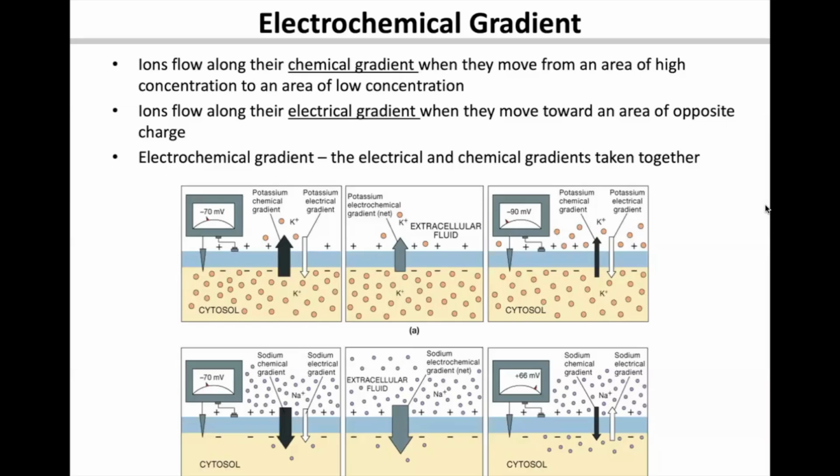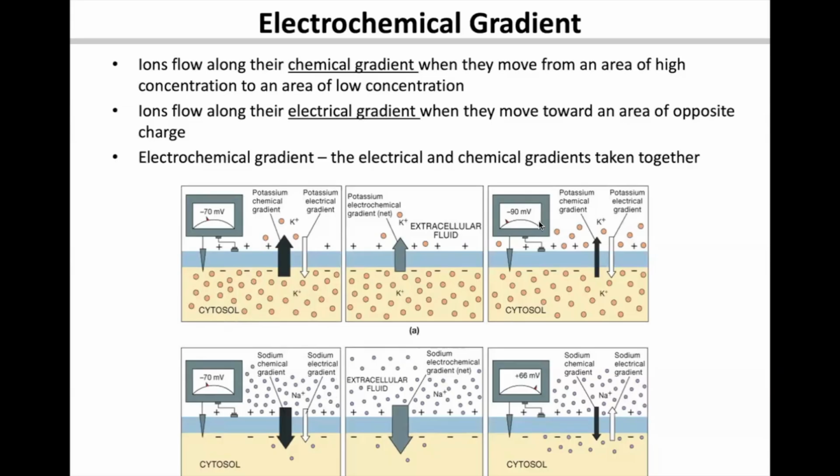So with the knowledge that we just learned so far, we now know that the potassium concentration inside the cell is higher. If you recap, because of the sodium potassium pump, the potassium ions are higher inside and the sodium concentration is higher outside.